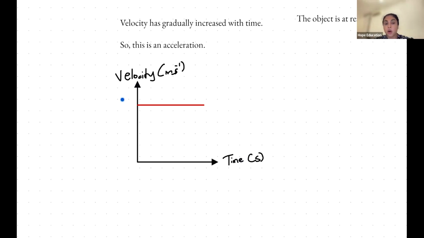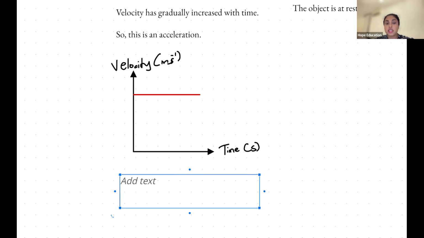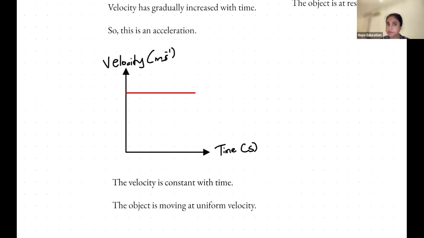So here, the object is moving at uniform velocity. How do we say that? Because the velocity is constant with time. Therefore, we can say the object is moving at uniform velocity. Is that clear, Lamai?